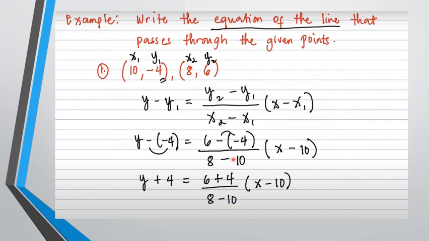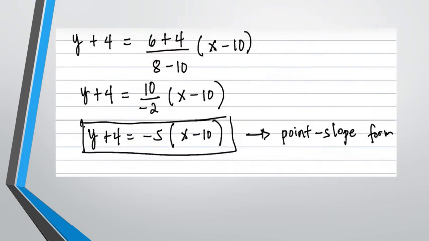After we substitute, we will simplify the equation. We have y plus 4 equals 6 plus 4 divided by 8 minus 10, times x minus 10; two negatives give you a positive. Next, we combine like terms.